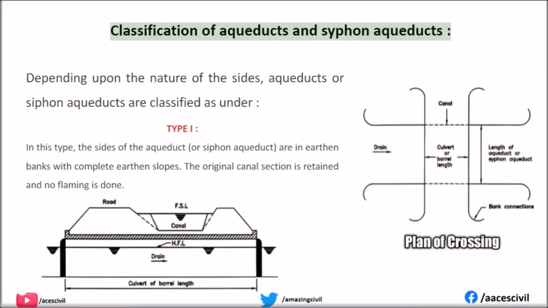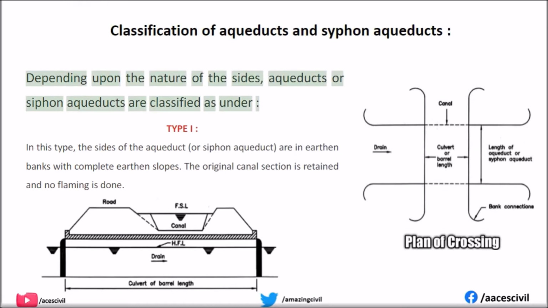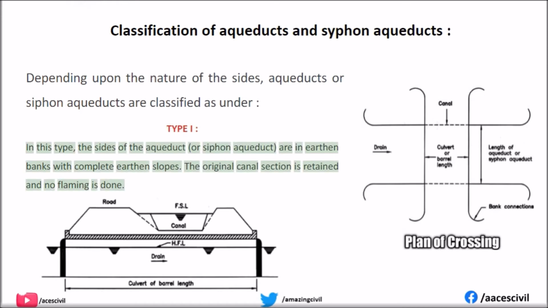Classification of aqueducts and siphon aqueducts. Depending upon the nature of the sites, aqueducts or siphon aqueducts are classified as under. Type 1: the sides of the aqueduct or siphon aqueduct are in earthen banks with complete earthen slopes.